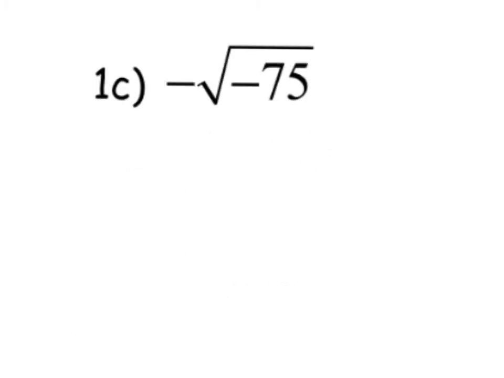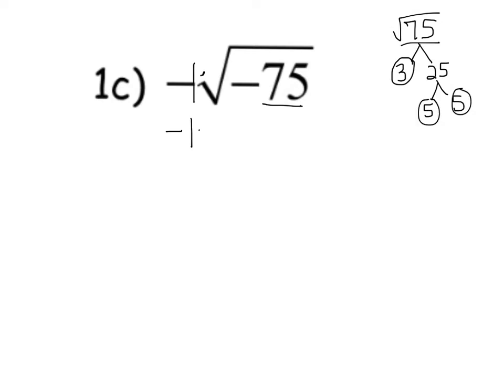In 1c, I'm just going to recopy that negative sign out front. It's really a negative 1, so you can write a 1. And then we need to take the square root of 75. It's not a perfect square, so off to the side, I'm going to try to factor tree it. Well, I know that 3 quarters, if I have 3 quarters in my pocket, that's 75 cents. So 3 is prime, and 25 divides into 5 and 5.